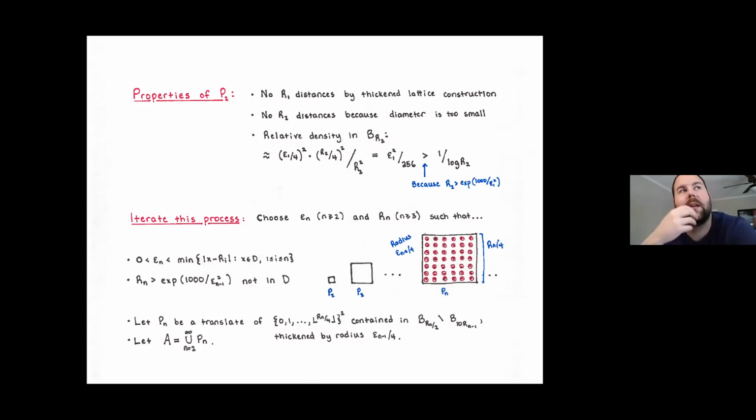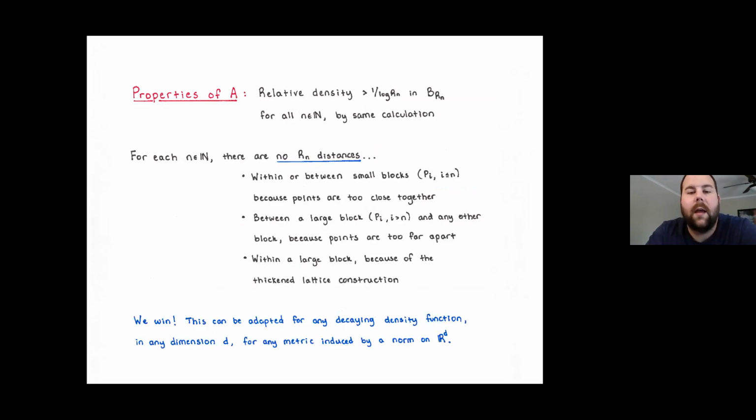So you can avoid this collection of distances and then choose your scales big enough so that your density decays as slowly as you want, at least in this limsup sense. This says something about why that set really doesn't have any of those R^n distances, and it generalizes to any dimension and any metric. So in that sense, the Bourgain result is sharp. You cannot do any better quantitatively than positive upper density.